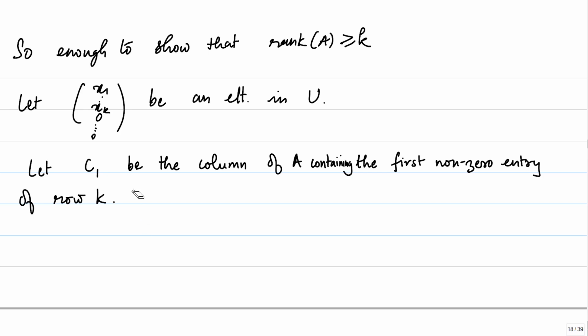Since it is in row echelon form, the first non-zero entry should necessarily be 1, and the definition of row echelon form tells us that every entry below that 1 should be 0, right.